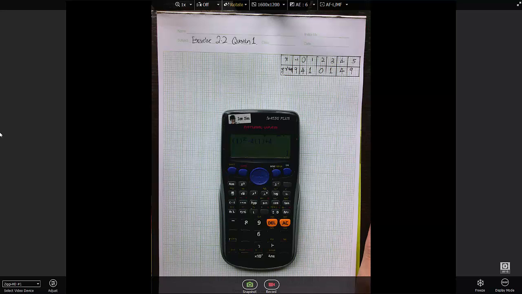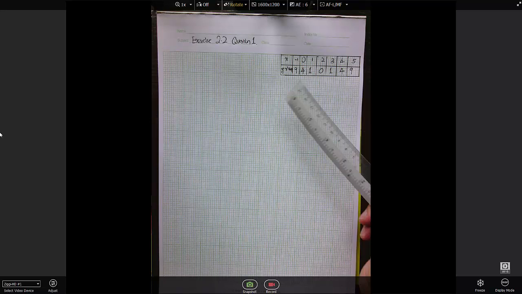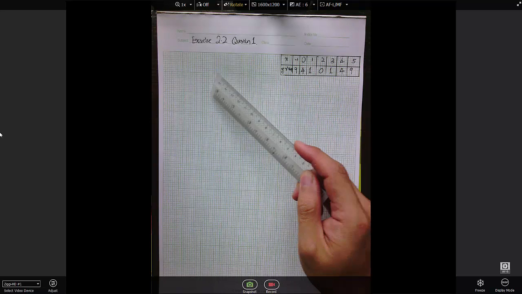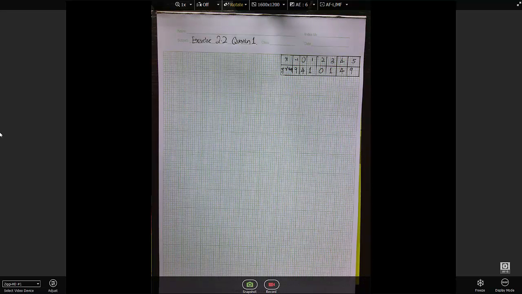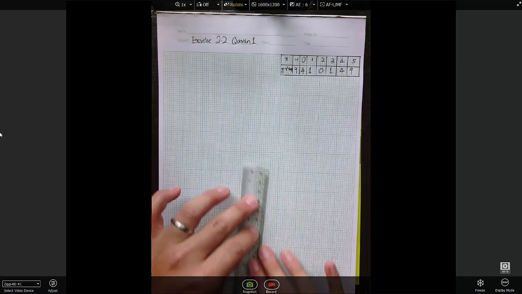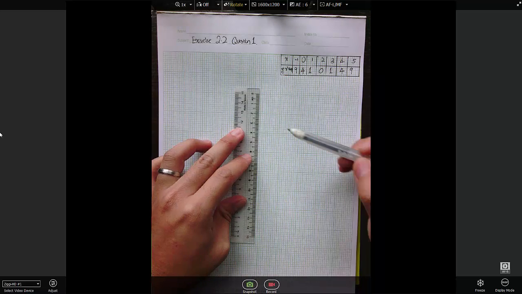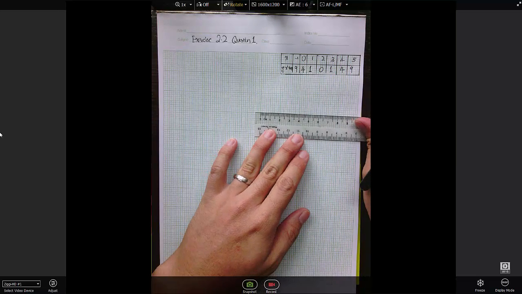Now they say 2 cm to represent 1 unit on the x-axis and 1 cm to represent 1 unit on the y-axis. So let's do some planning first. Notice that your highest y value is 9. So 9 should be somewhere here. 9 must be this row. 9, 8, 7. In case you don't know 1 cm to 1 unit on the y-axis, you notice every big square is 2 cm by 2 cm.